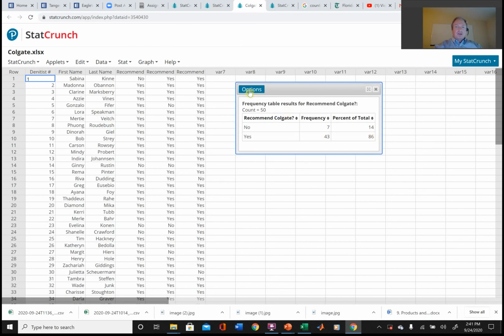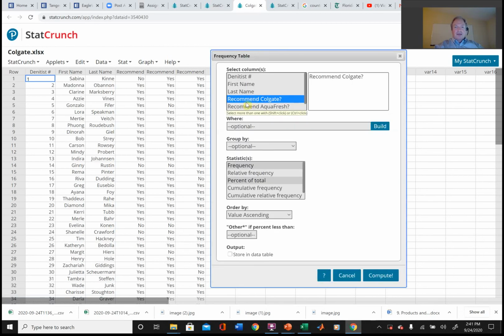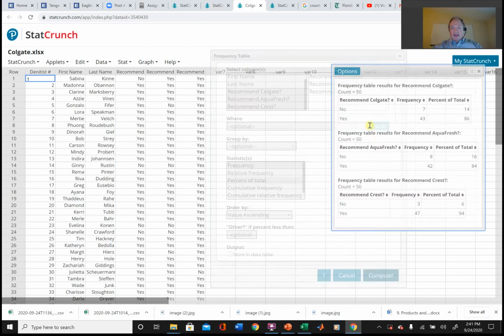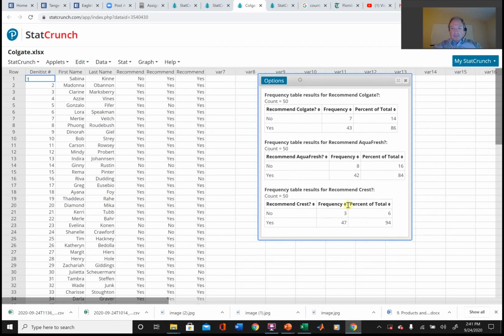Okay. But notice, and I told you this ad was actually misleading. So Colgate had to pull this ad because there were other brands. What they did was they just asked dentists to list all of the toothpaste they would recommend, not the one they would recommend the most, okay? And if you look at some of the others, Crest ended up being recommended 94% of the time, okay? So this is why Colgate had to pull the ad.